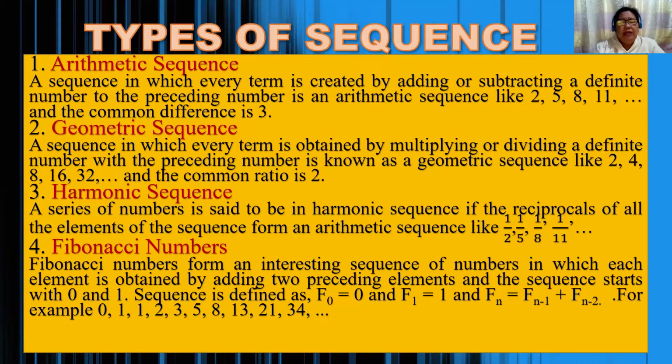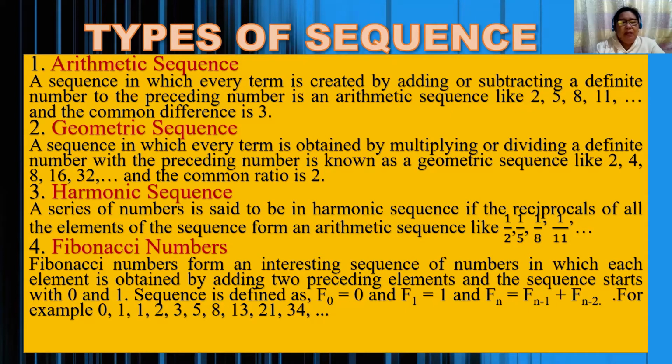Sequence is defined as f sub 0 is equal to 0 and f sub 1 is equal to 1, and f sub n is equal to f sub n minus 1 plus f sub n minus 2. For example, 0, 1, 1, 2, 3, 5, 8, 13, 21, 34, and so on.